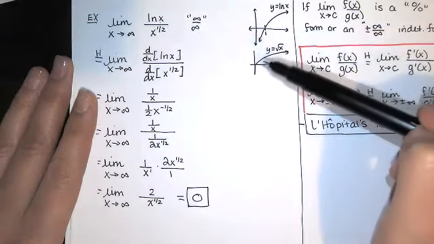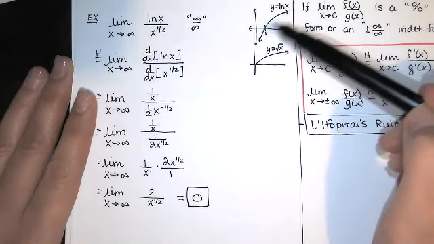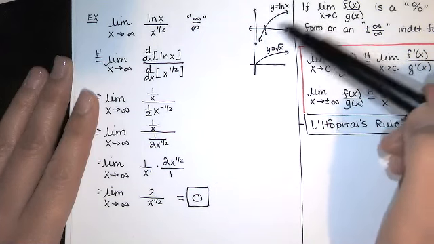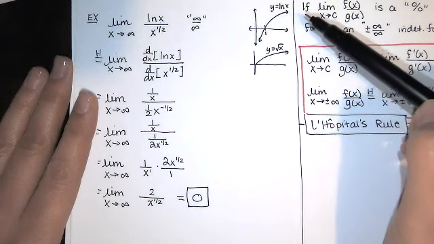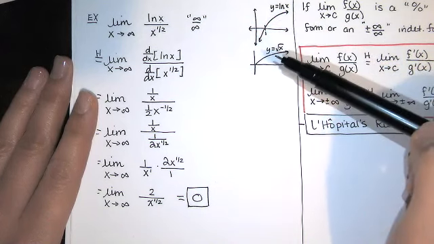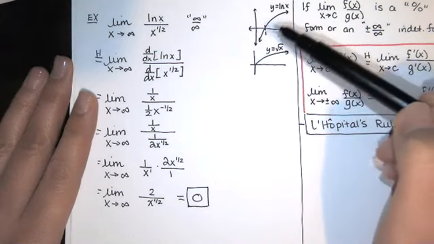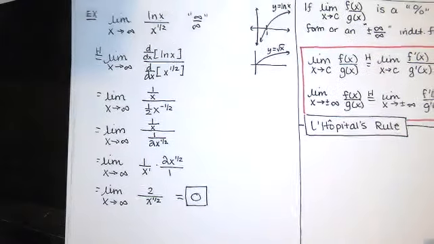So this square root function actually goes to infinity faster than natural log of x. It looks like natural log of x goes faster, but it's just because of the way I've drawn my graph. Natural log of x actually sort of flattens out much sooner than that. And this turns out to grow faster than that, despite my picture. Okay.